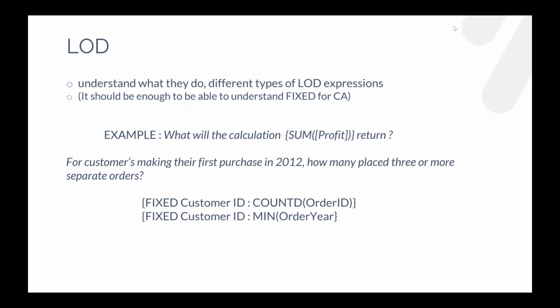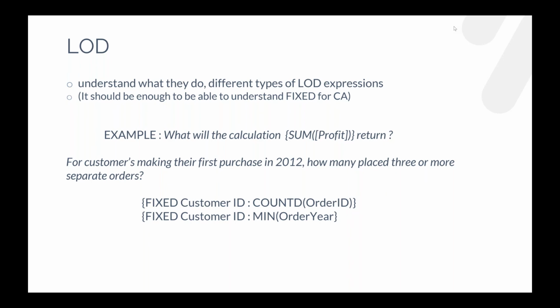Or there might also be a more tricky question, when they will ask you something like, for customers making their first purchase in 2012, how many placed 3 or more separate orders?